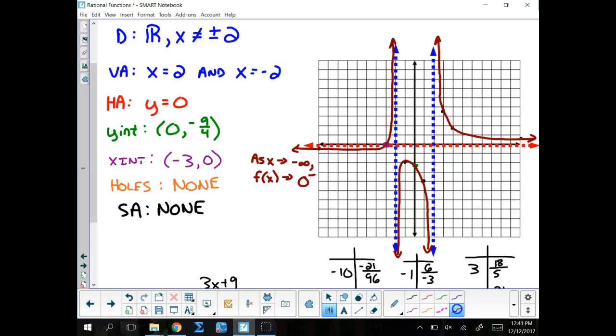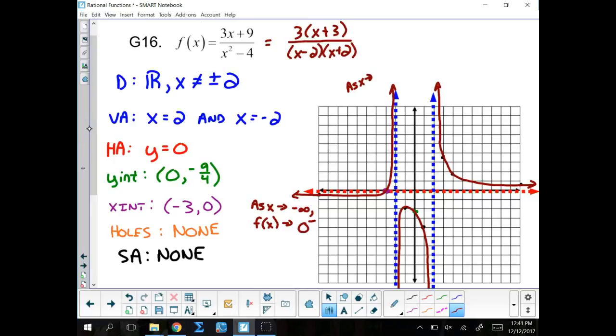Working left to right, then we'd have up here, negative 2 from the left, positive infinity.